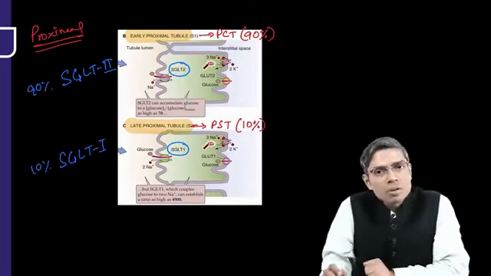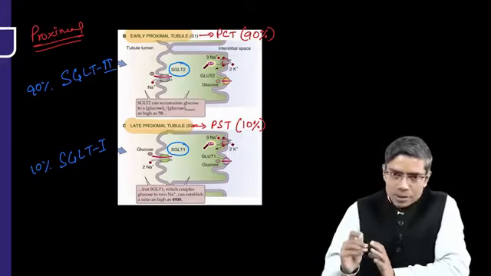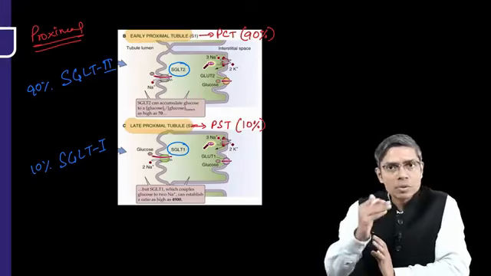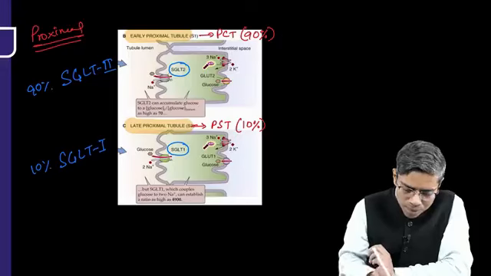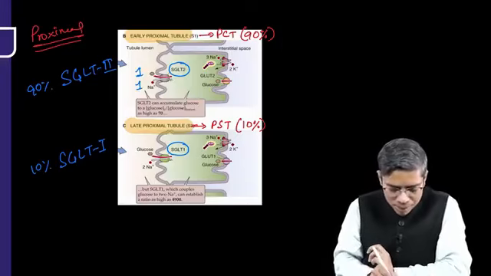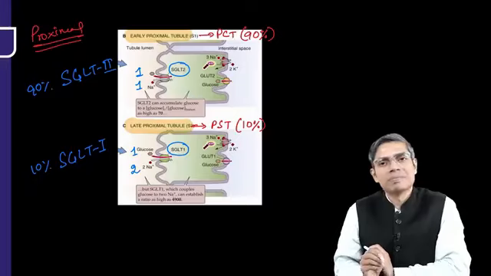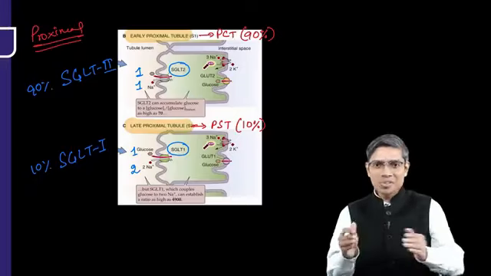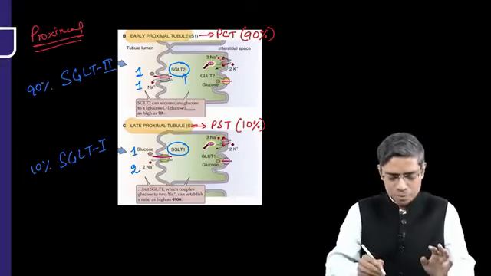Now, sometimes they also ask about SGLT2 and 1, what is the coupling ratio? These are symporters. Symporter means glucose will be reabsorbed along with sodium. Now, SGLT2 reabsorbs 1 molecule of glucose with 1 molecule of sodium. 1:1 is the ratio. But SGLT1 reabsorbs 1 molecule of glucose with 2 molecules of sodium. So 1:2. That is the coupling ratio. So SGLT2 means the ratio is 1:1, SGLT1 means 1:2.